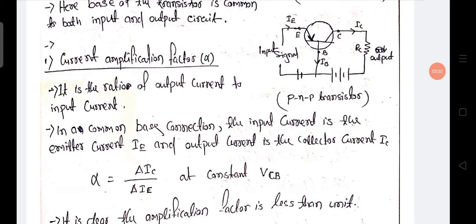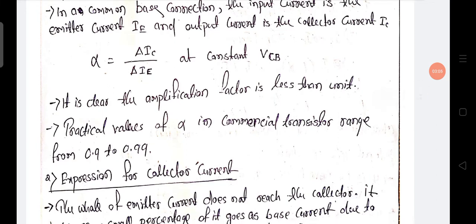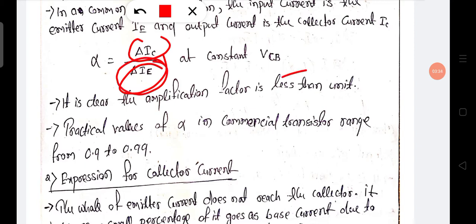Now it is clear that the amplification factor is less than unity, because there is no case where IC is equal to IE. IC is always less than IE, because the input current IE is not entirely transferred to IC. There is some leakage in the base.